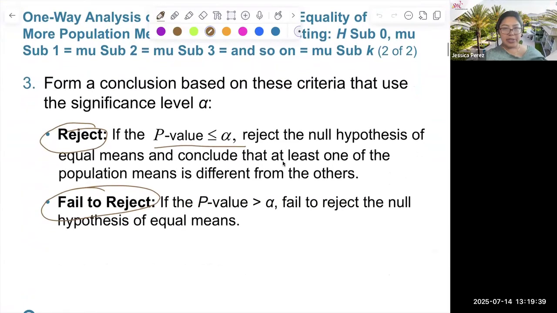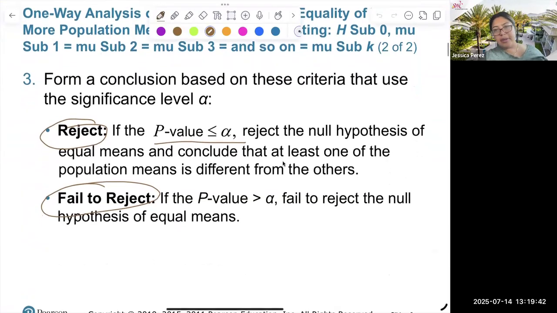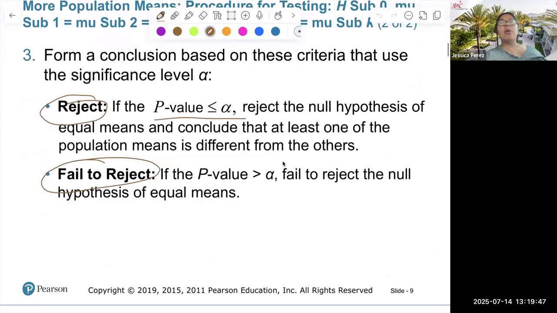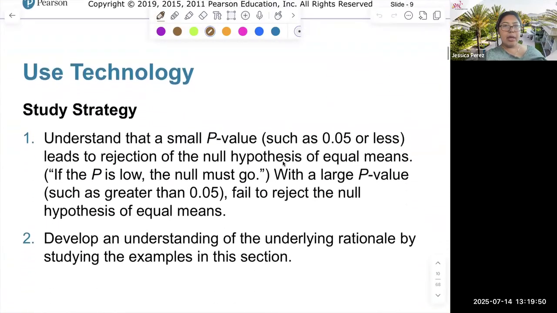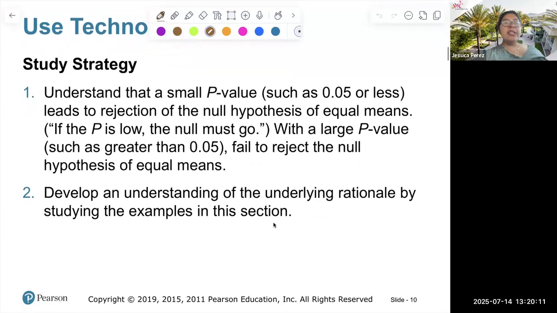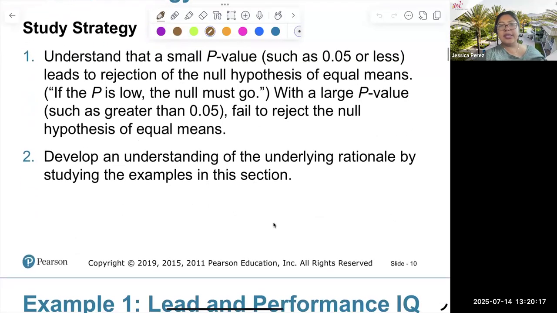If the p-value is greater than alpha, we are going to fail to reject the null, meaning that the hypothesis of equality stands. So if a p-value is small, that leads to rejection of the null hypothesis, and with large values of p, we are going to fail to reject. We are going to be developing an understanding and rationale by studying the examples in this section.